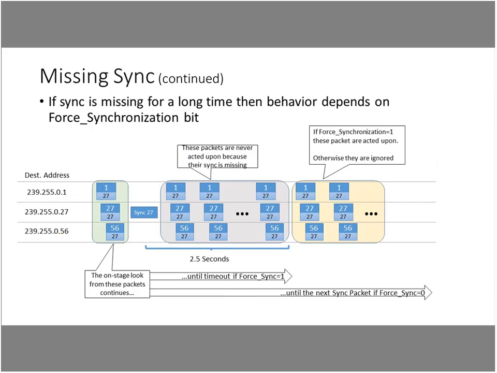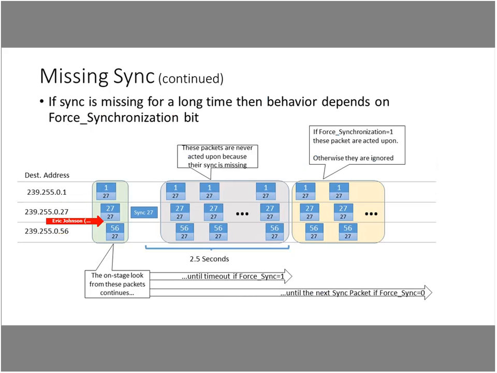So we talked about if you miss one sync packet, or 2 sync packets. What happens if your sync is missing for a long time? At that point, the behavior depends on the force synchronization bit. Remember, this is the options bit in the data packet that we talked about, and the polarity is the exact opposite of what you expect. Your system is running along quite happily and is synced.